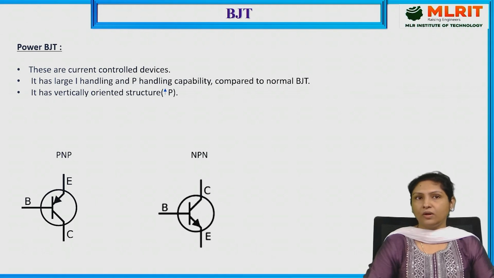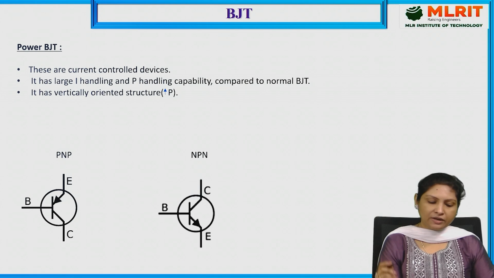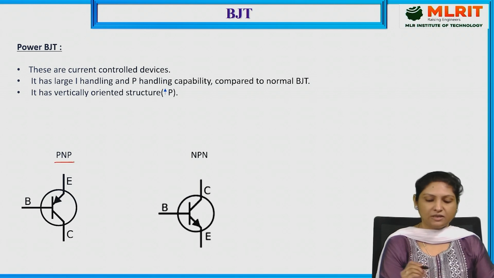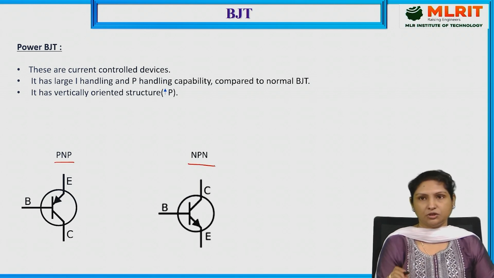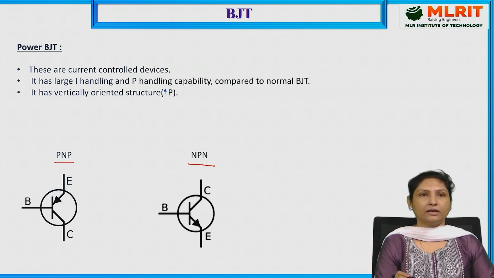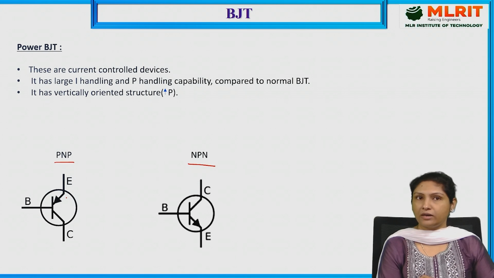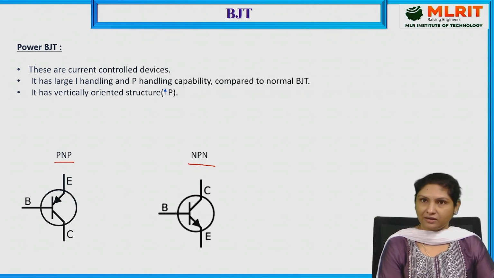And for now, let us see the symbol of the BJT. If you consider the symbol of the BJT, we have two types, that is the PNP transistor as well as the NPN transistor. Here, the arrow always indicates the current direction, and it is always given for the emitter itself.